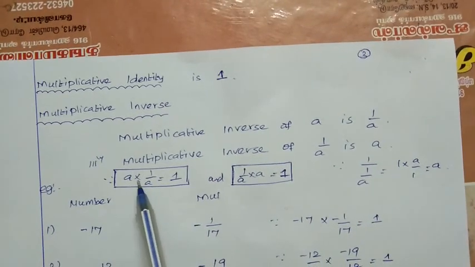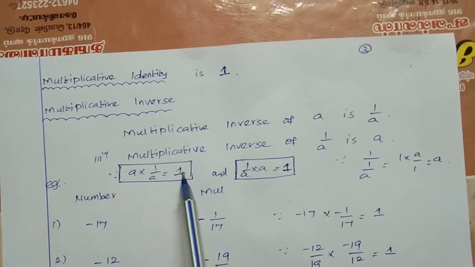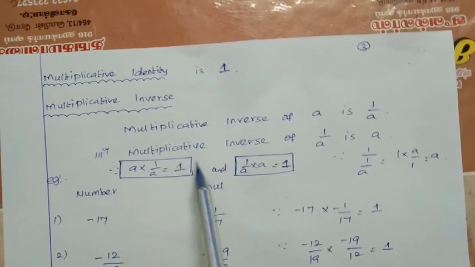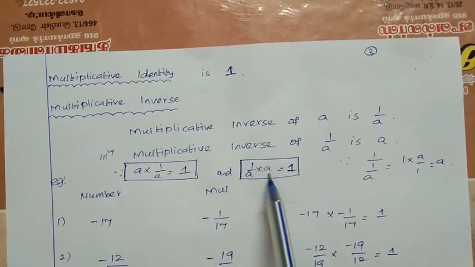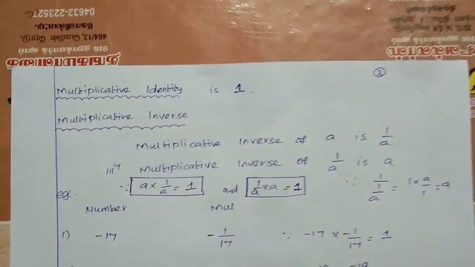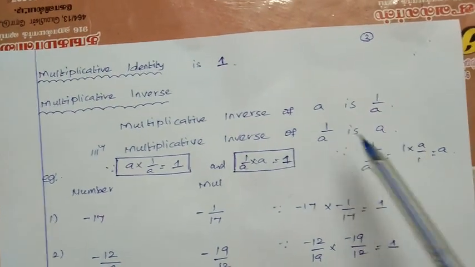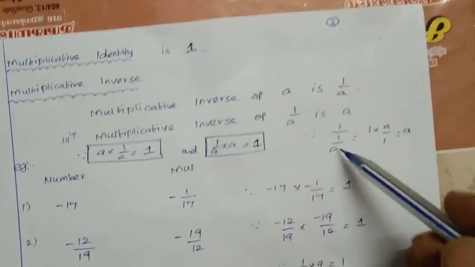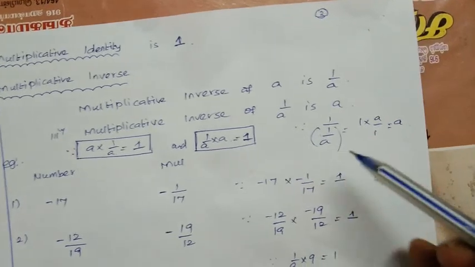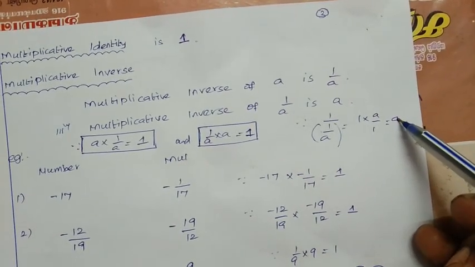Now a into 1 by a, you can cancel a. After that you get 1. That is the identity. Now 1 by a into a we can cancel, and the answer is 1. Now recall that the reciprocal of a is 1 by a. The reciprocal of 1 by a is 1 divided by 1 by a, so you can write 1 into a by 1, that is a.